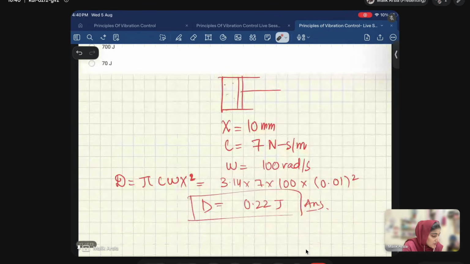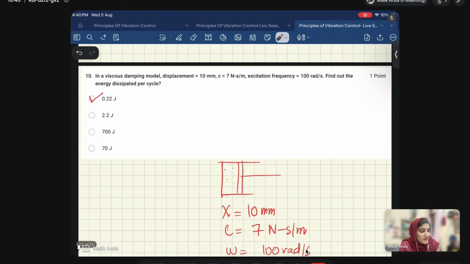When you put these values into the formula for energy dissipation, you can check for yourself that the answer comes out to be 0.22 joules. So this is option 1 given in the question. That should be our correct option.